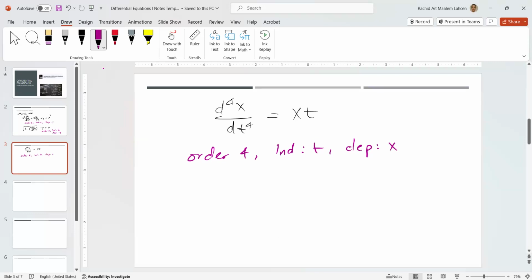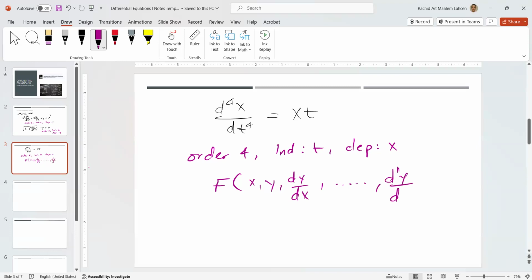So in general, we can say that these equations fall under this format, some type of function relating x and y and derivatives of the dependent variable with respect to the independent variable.